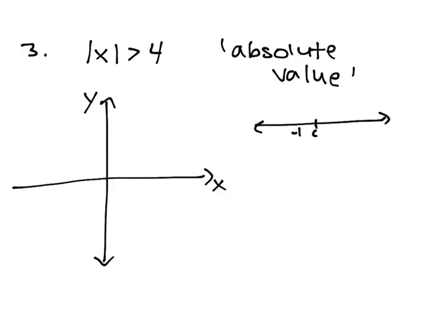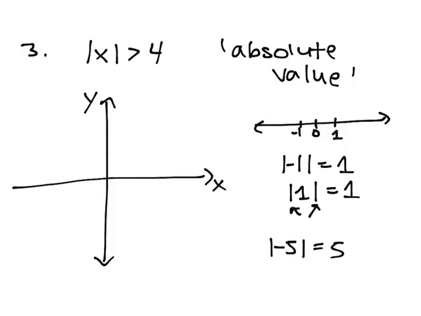So, -1 and 1 both have an absolute value of 1. We indicate that it's absolute value by putting 2 lines around the number. So the absolute value of -5 is 5. The absolute value of 5 is 5. The absolute value of 0 is 0.